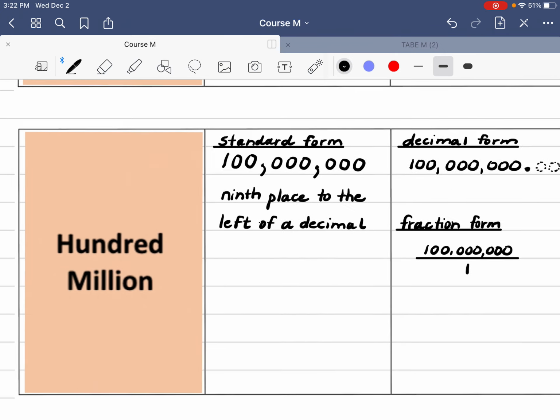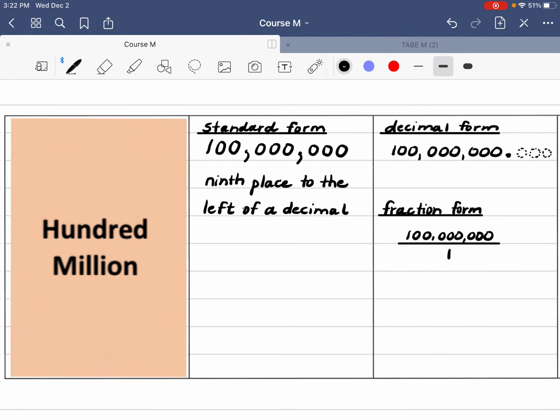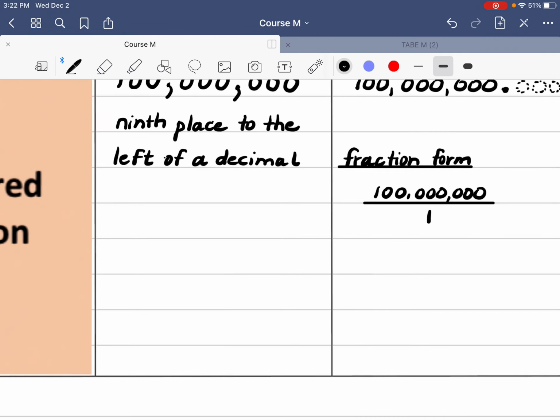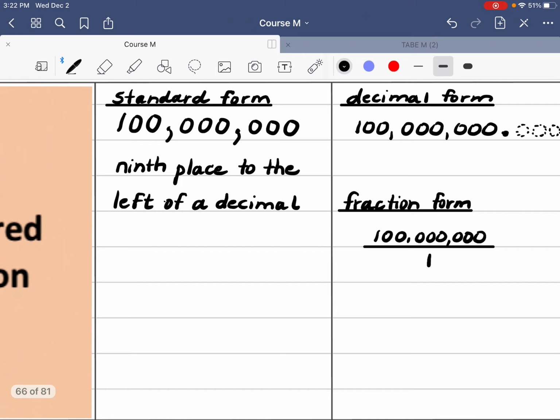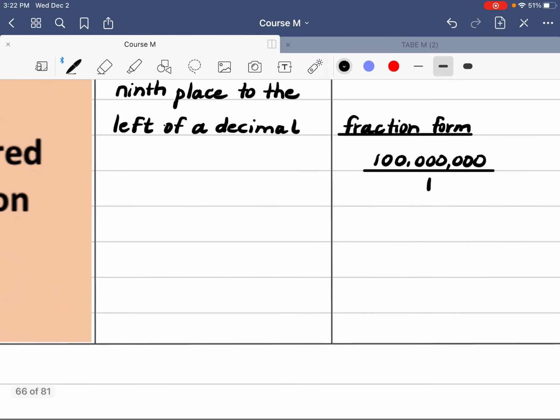You've got word form. We don't have to write that again, other than we need to give the name. It would not have to be a 1 in this place right here. We could put any number from 1 to 9 in there. But this number is called 100 million.